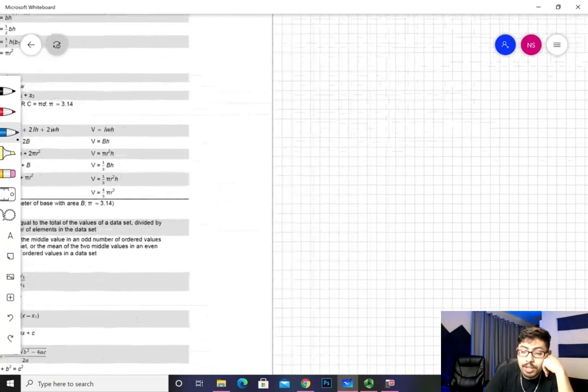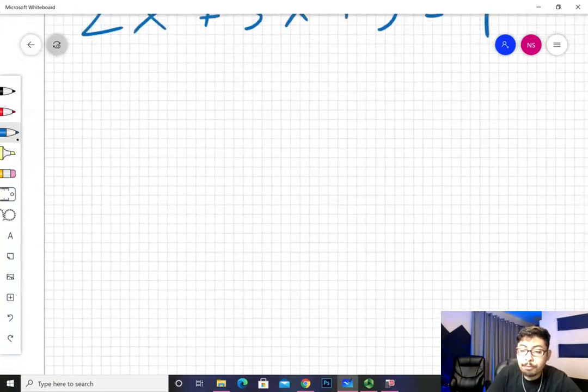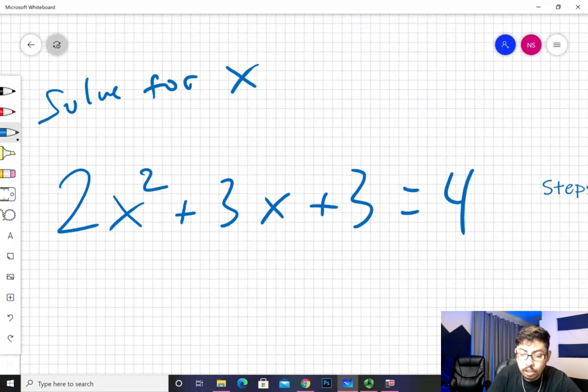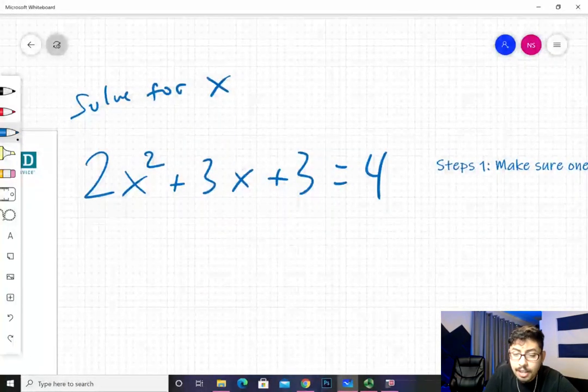That just means this right here. This y for us is going to be a 0. I don't know why they don't do that from the beginning, but we're going to put that as 0 equals ax squared plus bx plus c. So we're looking to format our equation to look like that, and that's what step number 1 essentially is. Make sure one side is equal to 0. As you can tell from the formula sheet, it looked like this.